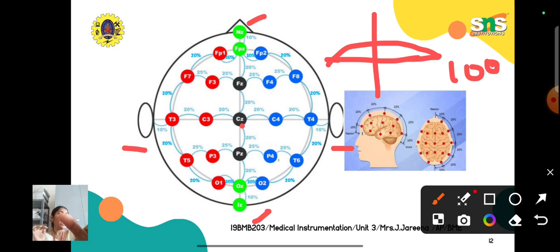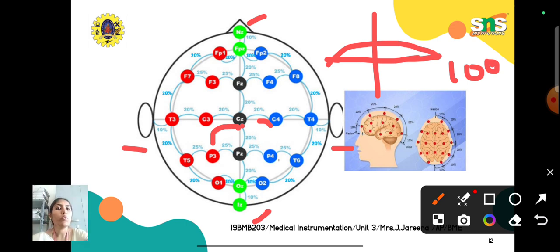that is C3. Again from C3 you go to the next landmark, that is CZ, which is again 20%. Again you go to C4, that is 20%, and T4 you mark from C4, that is 20%. At last you have 10% distance.